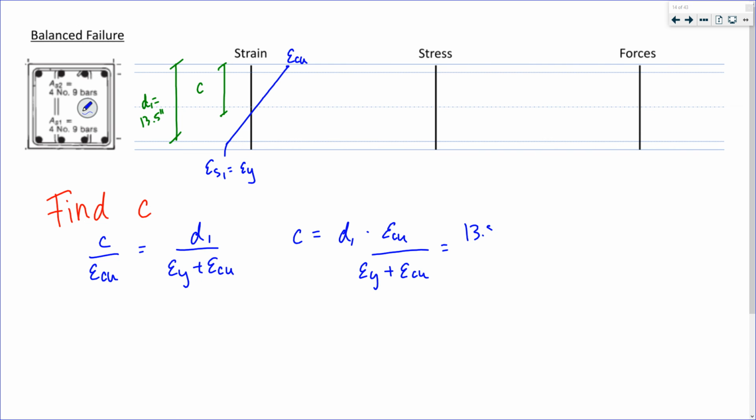So 13.5 inches times 0.003 divided by 0.003 plus 0.00207 should give you just about 8 inches. So it actually, c is going to correspond with my centroid.